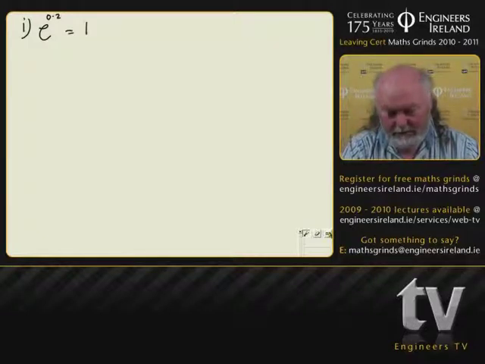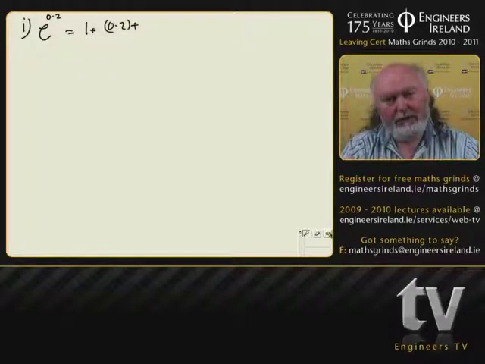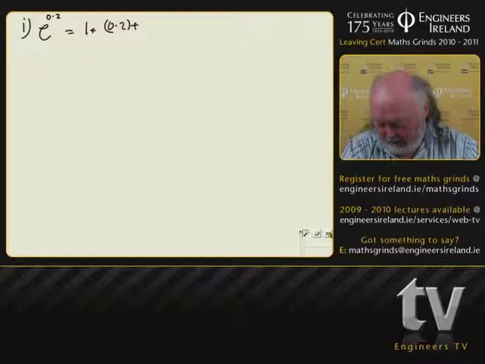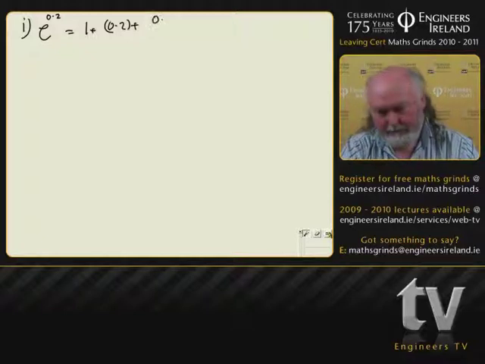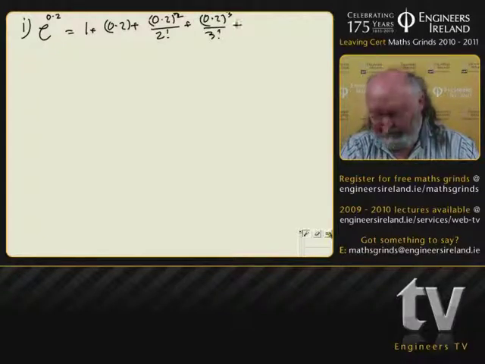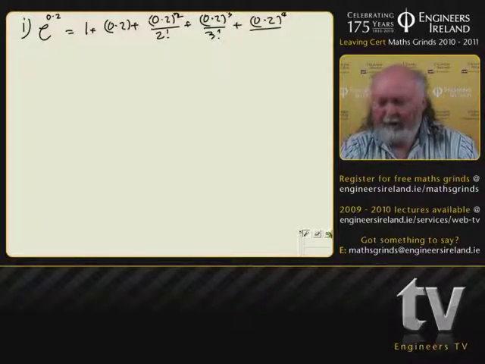We'll say it's 1 plus the 0.2. This is just applying it back into the equation we got a minute ago, and we're only going to use 5 terms.